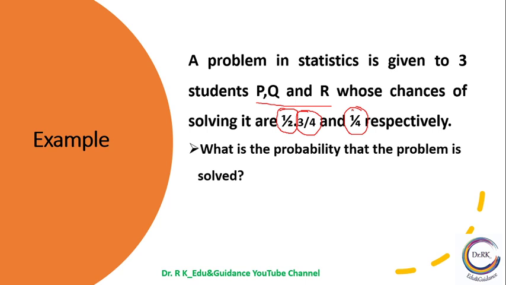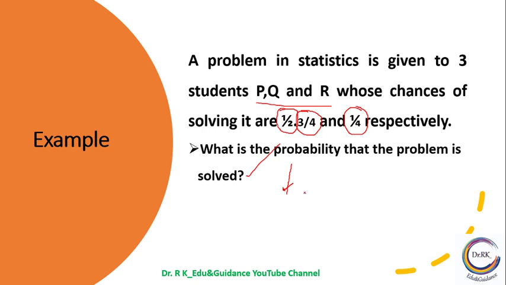Then what is the probability that the problem is solved? How to find this? The problem is solved if it can be solved by at least one. Either it can be P, or Q, or R. If you are able to understand that, then I think the problem is done.